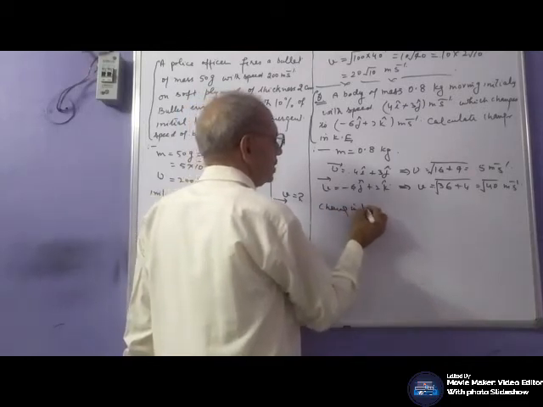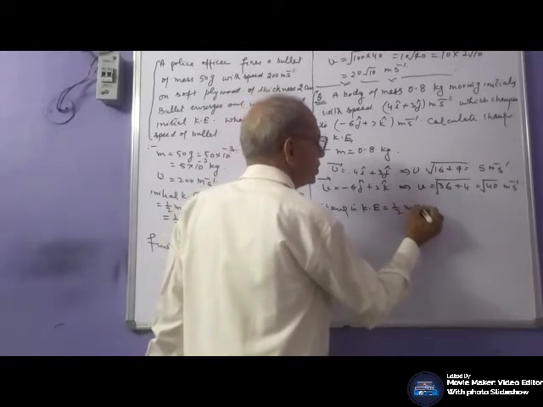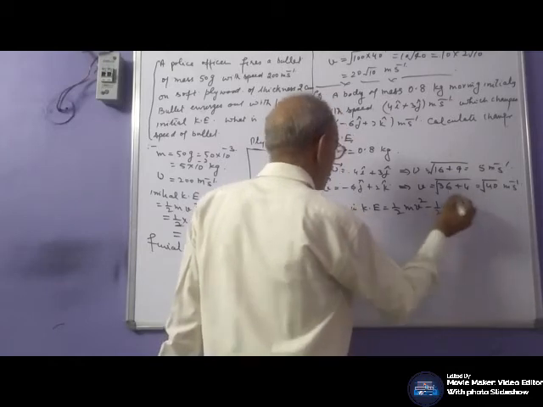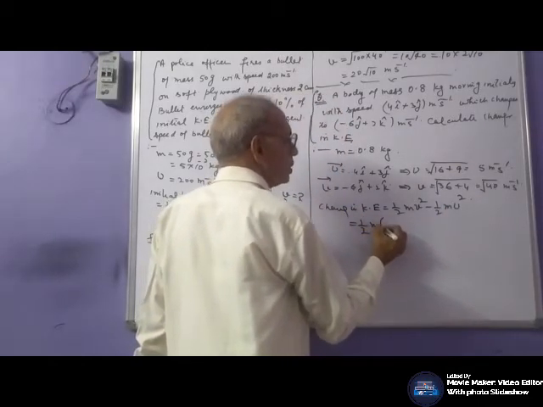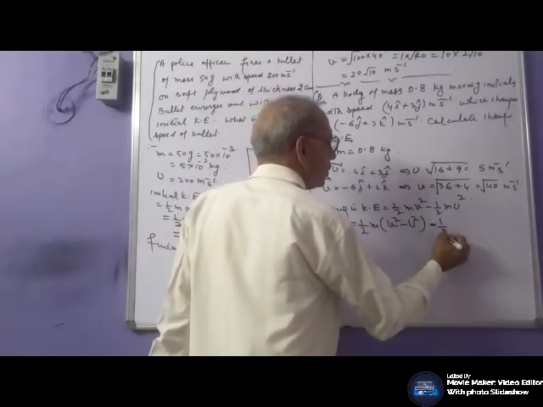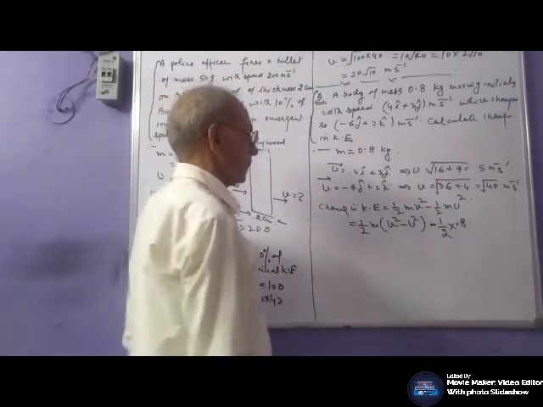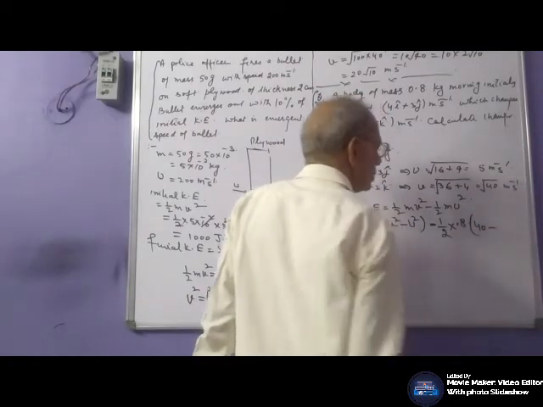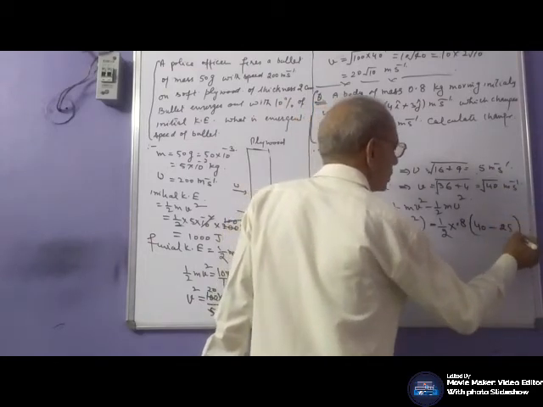Change in kinetic energy is half mv square minus half m u square. Half is common, m is common, v square minus u square. Half is half, m is 0.8, v square is 40, u square is 25.